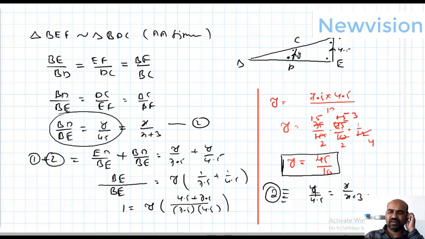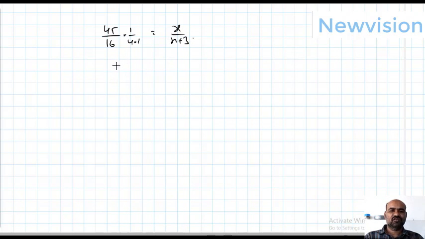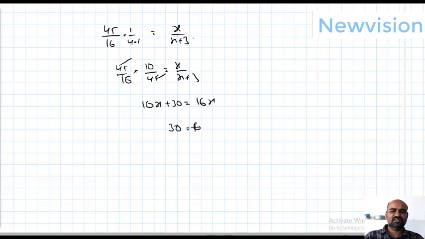Instead of Y, I can write 45 by 16. 45 by 16 into 1 by 4.5 equals X by X plus 3, so 45 by 16 into 10 by 45 equals X by X plus 3. 45 gets cancelled, so 10x plus 30 equals 16x. 30 equals 6x, X equals 5.